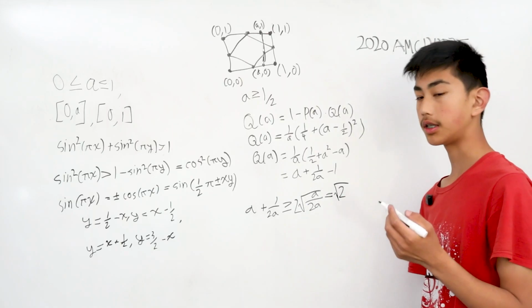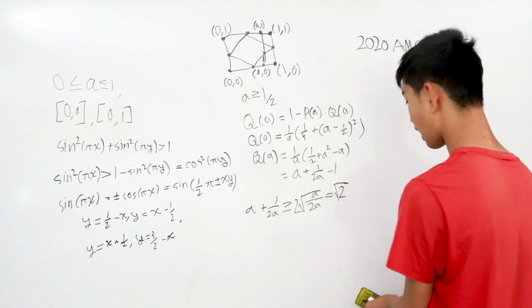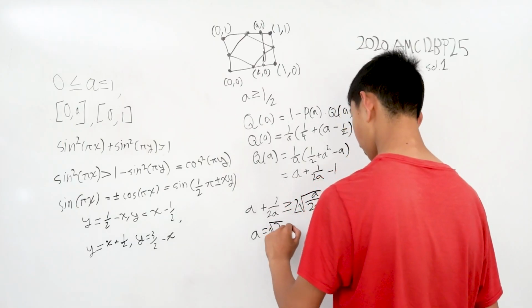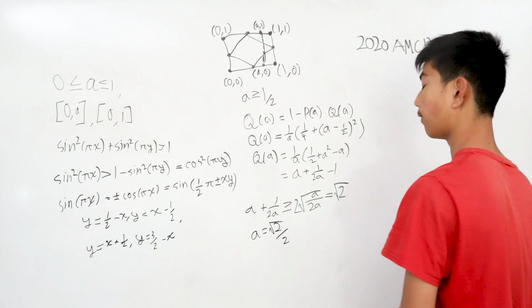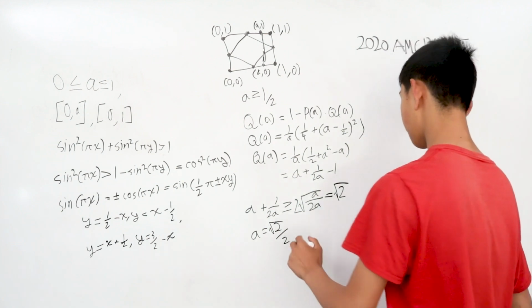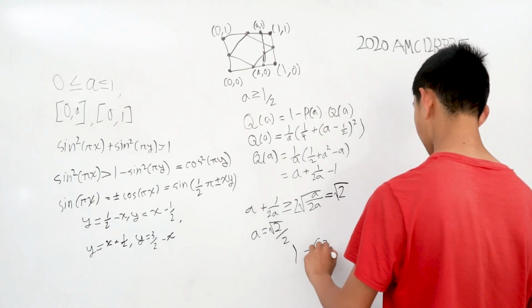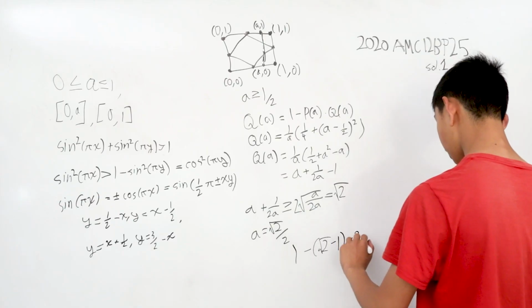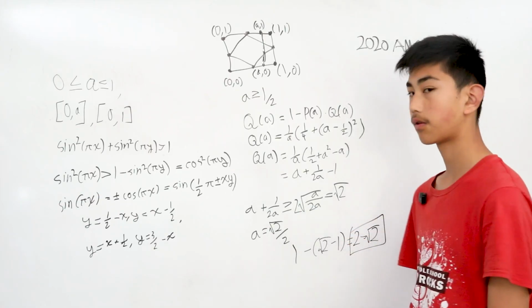Now notice this inequality: what we basically solve for is when they're equal, where a has to be at least √2/2. So therefore, our answer is simply 1 minus the quantity square root of 2 minus 1, or 2 − √2. So that is our answer for this problem.